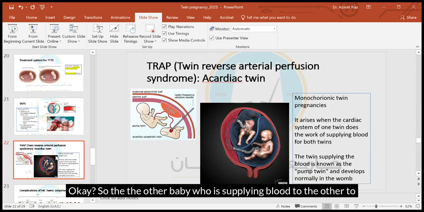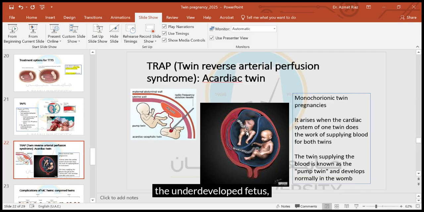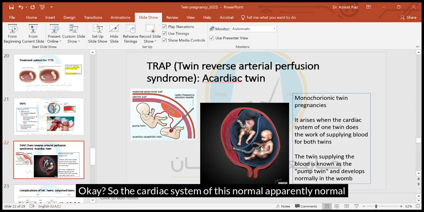The other baby, who is supplying blood to the underdeveloped fetus, has to work harder. So the cardiac system of this apparently normal twin does the work of supplying blood for both twins.